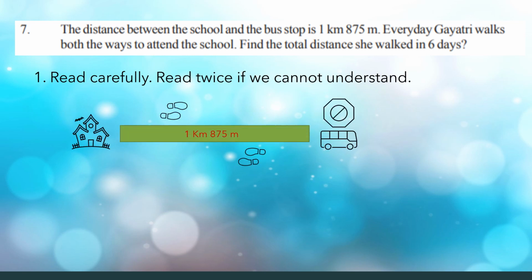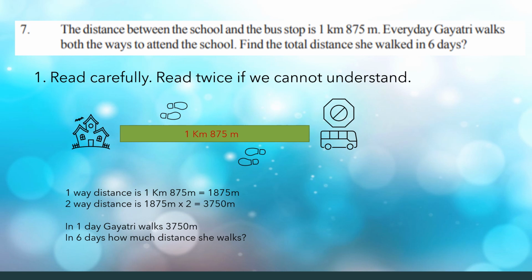There is the school and the bus stop, and the distance between them is 1 kilometer and 875 meters. Gayatri is walking to the school from the bus stop and every day walking back to the bus stop. So, the one-way distance is 1 kilometer and 875 meters, which is 1875 meters.